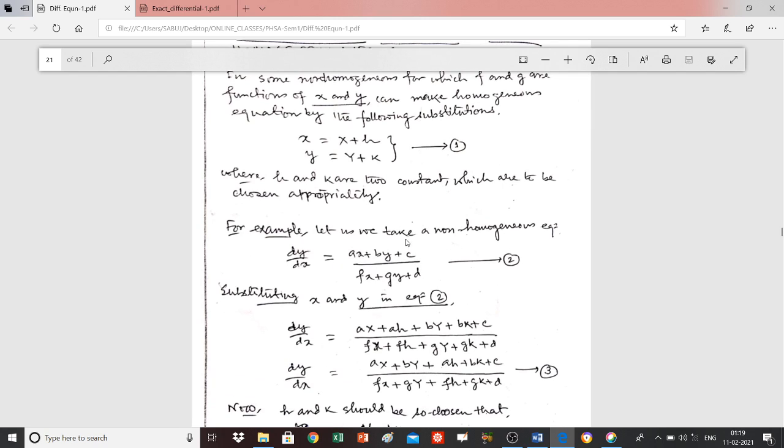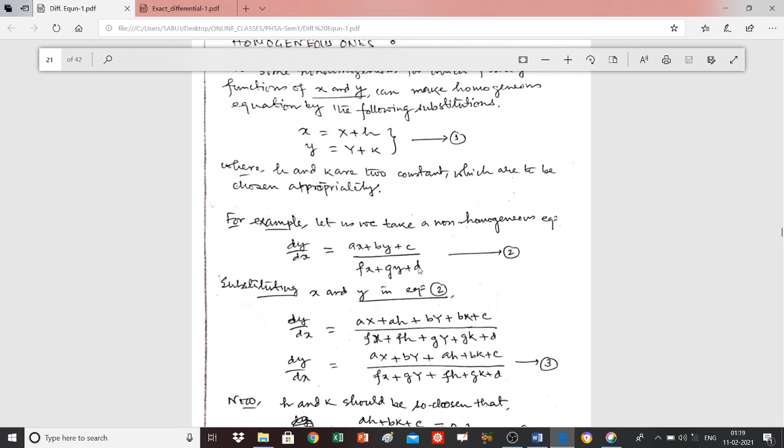For an example, let us take a non-homogeneous equation in the form of dy by dx is equal to ax plus by plus c by fx plus gy plus d. To solve this equation, first you need to substitute x and y in terms of capital X and capital Y, and h and k. Since small x is equal to capital X plus h and small y is equal to capital Y plus k, just substitute these values in this equation.